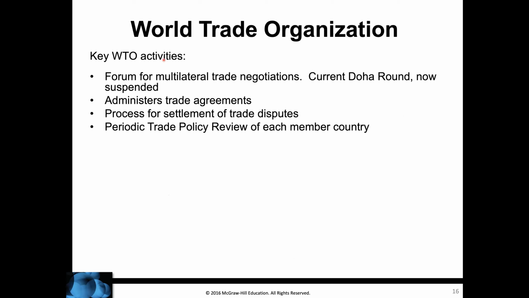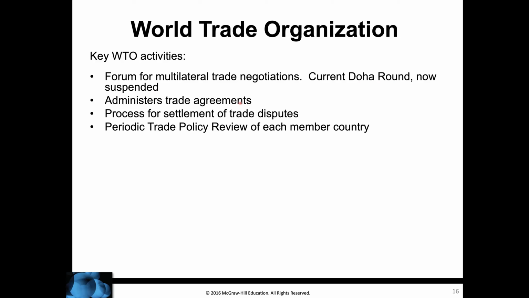So what are the key WTO activities? It's a forum for multilateral trade negotiations. And as you might guess, these negotiations are not always successful. The most recent round, the Doha round of negotiations, have been suspended and continue to have problems.